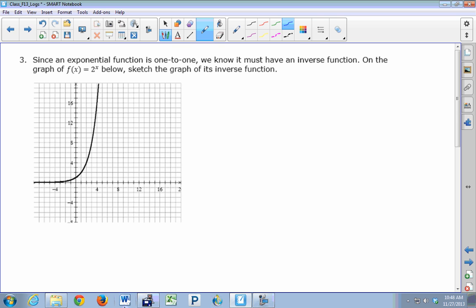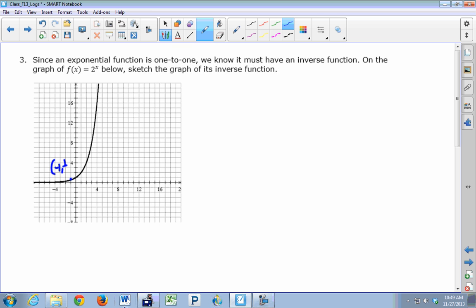So here's our doubling function, f of x equals 2 to the x. So let's find some key points on this function, and then we'll just swap the input and the output. So let's see, if I was at -1 right here, what would be my output? 1/2.